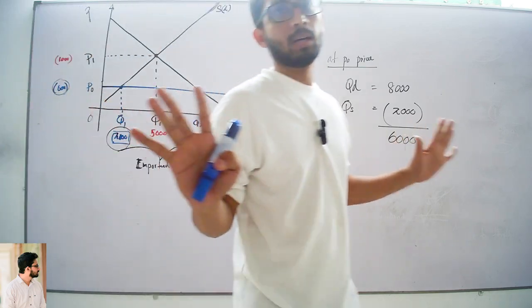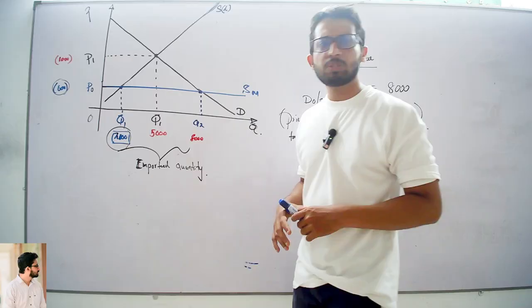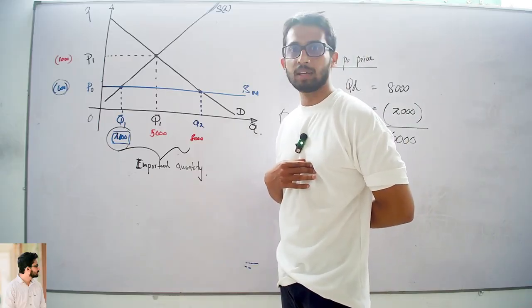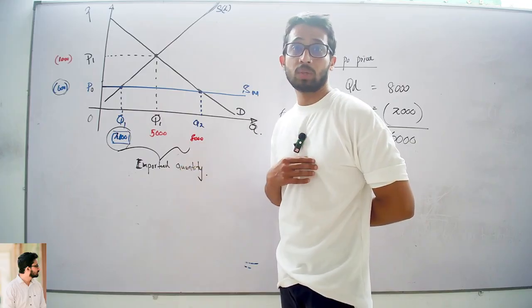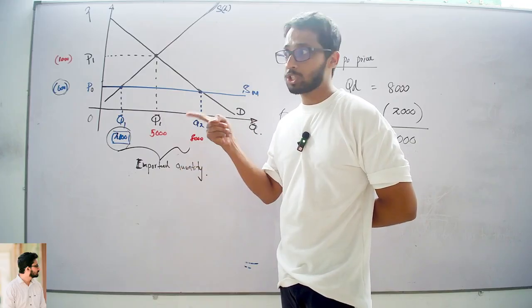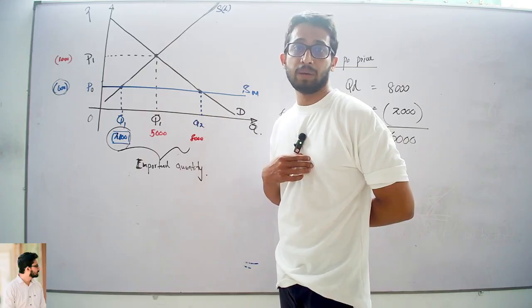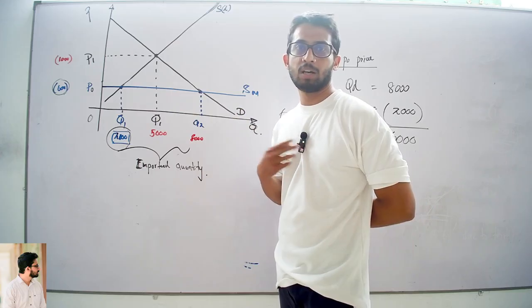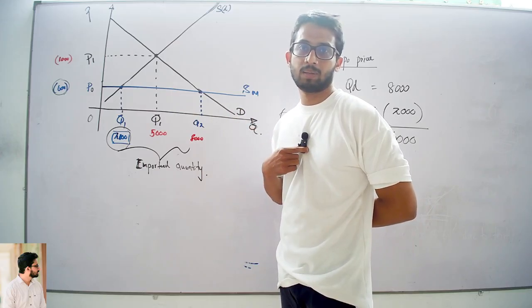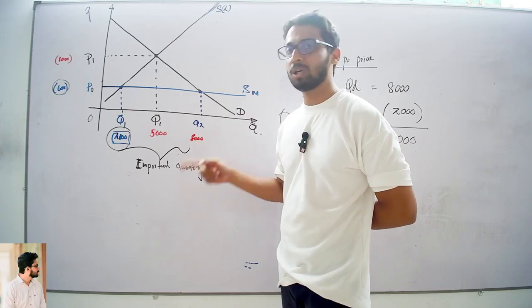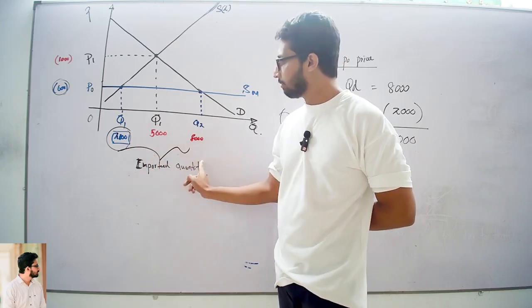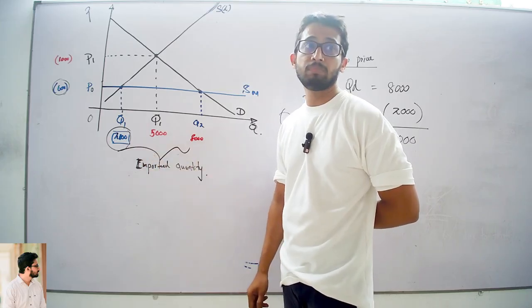Now the government wants domestic producers to produce more; production is 2,000 and 6,000 comes from imports. More imports mean it's not good for the balance of payments. More imports mean more expenditure going out to outsiders. Not good. So the government wants to encourage domestic production while discouraging imports.